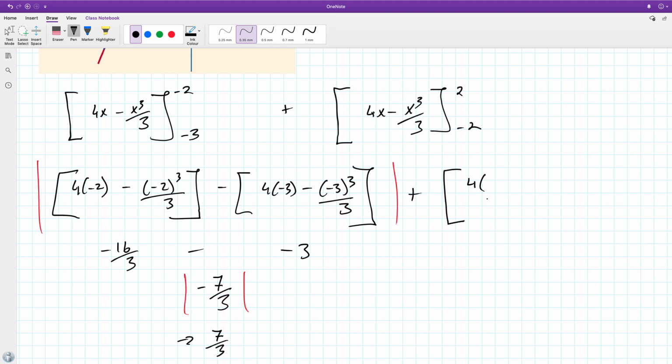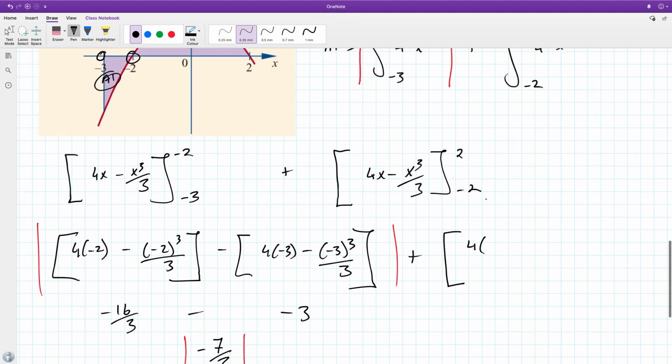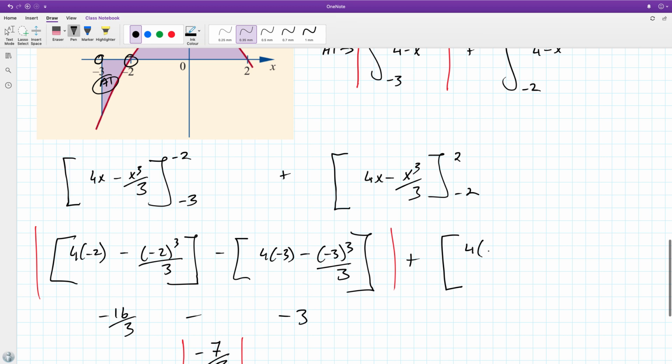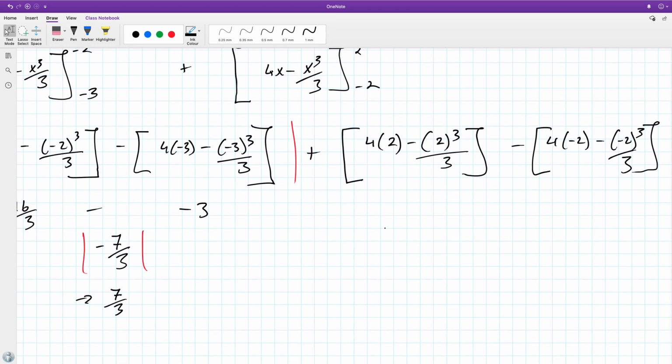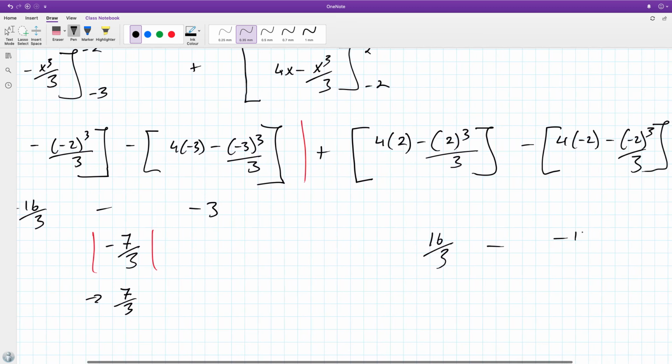It's 4 times minus 2 minus times minus 2 to be cubed over 3, minus 4 times minus 2 minus times minus 2 to be cubed over 3, and that is 4 bracket 2 minus bracket 2 to be cubed over 3, which is 16 over 3, minus, we did 4 minus 2 over here, which is minus 16 over 3.